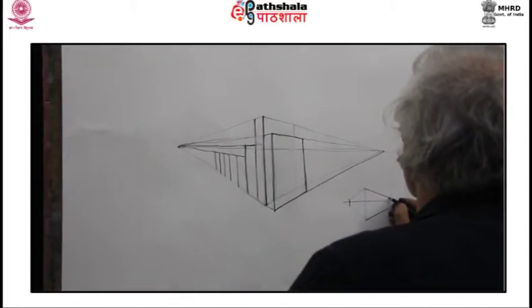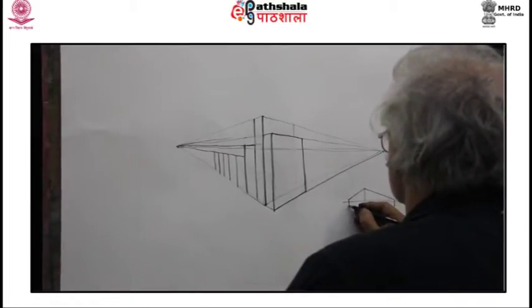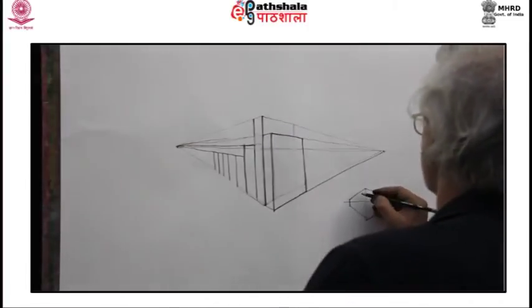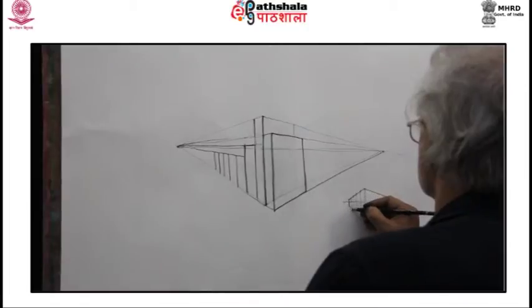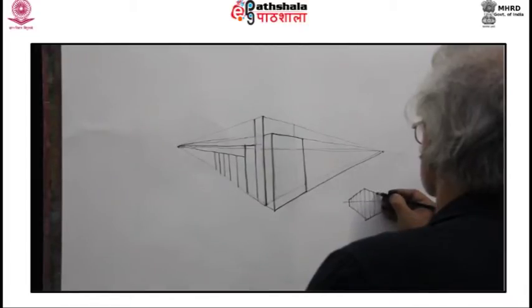Draw a horizontal line with an object in the center and two vanishing points on both sides to create eye level perspective. As before, join the top and bottom points of the object to the vanishing point.